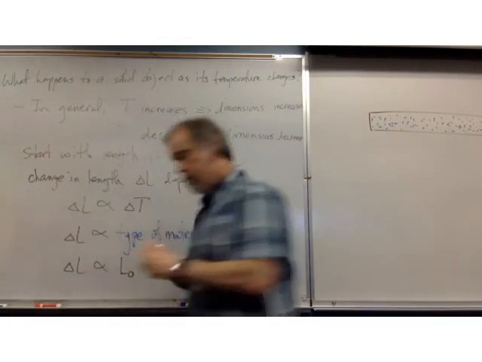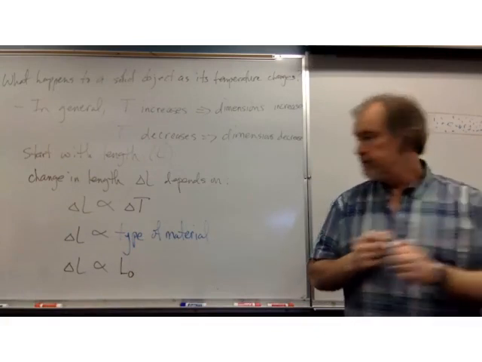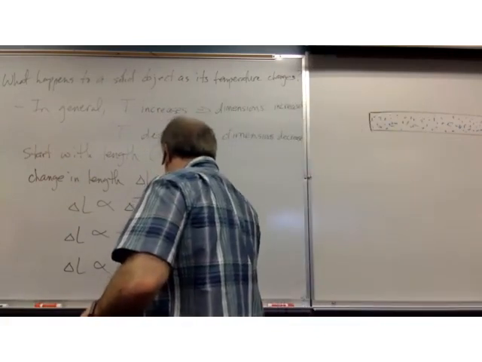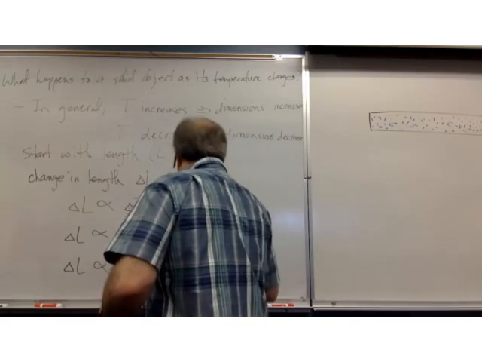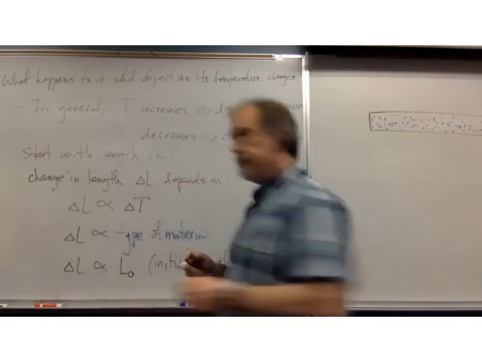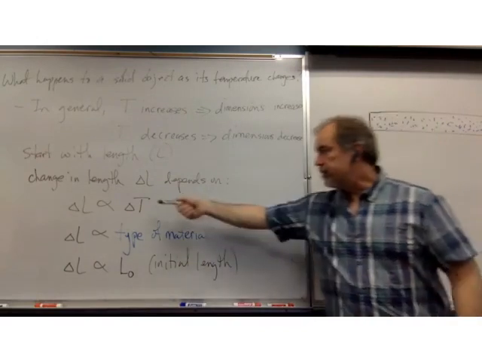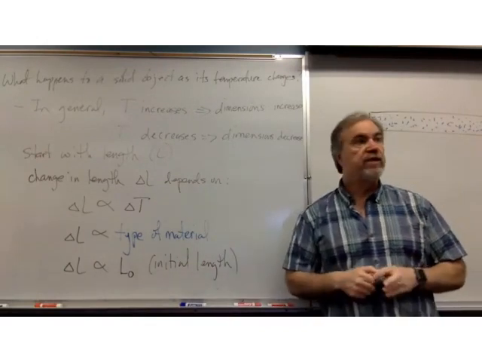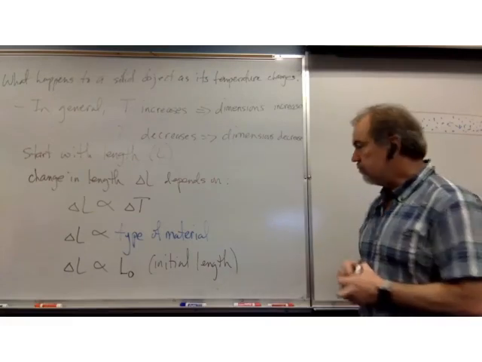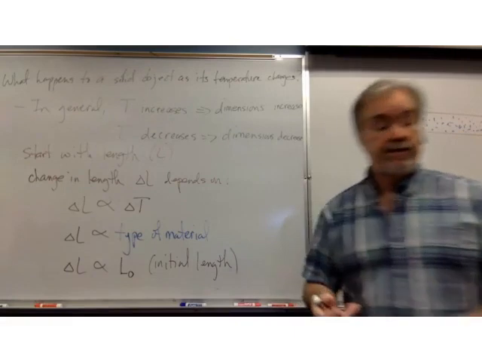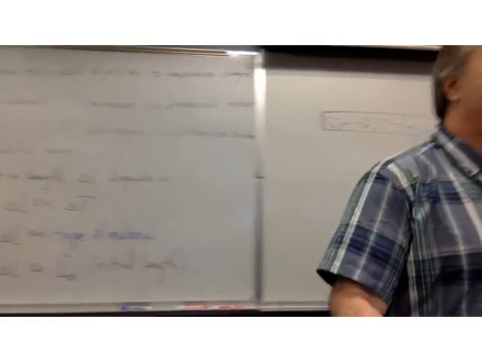And it turns out that, at least to a first approximation, that's it. The amount by which an object's length changes, this is all it depends upon, and so that gives us the relationship that we're after.